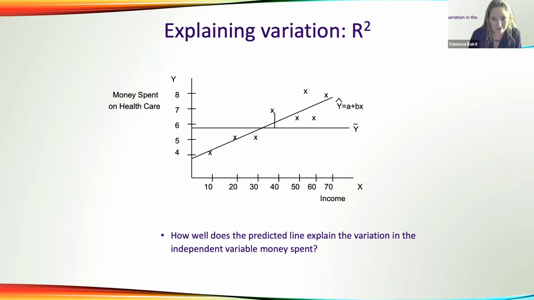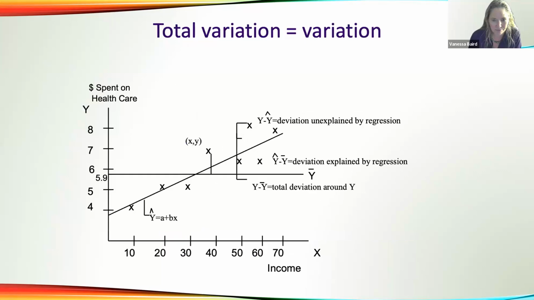They're not deviating from the line. Whereas this person is like me, I'm politically tolerant given my education. And somebody down here is lower than you'd expect. And here we've got income and money spent on healthcare. I mean, it's just an example.